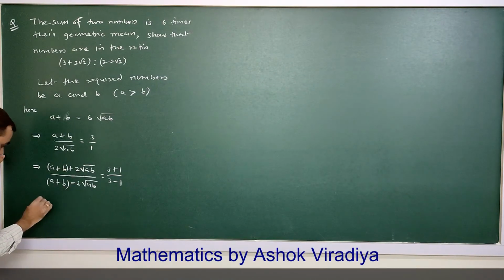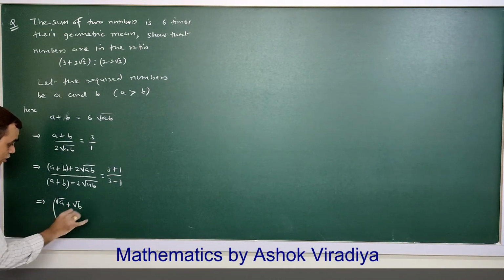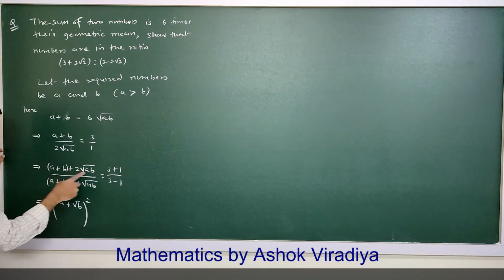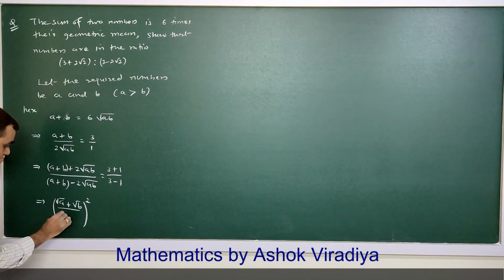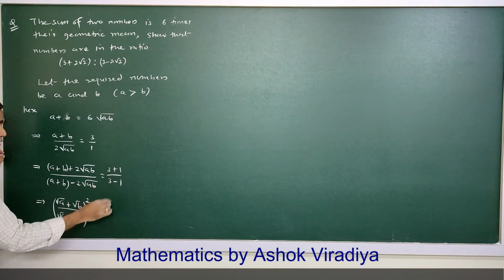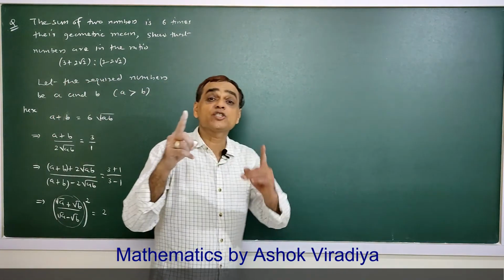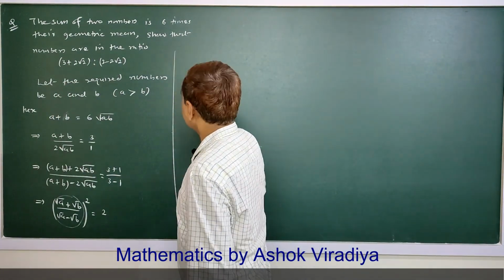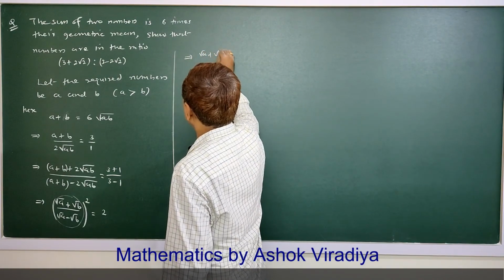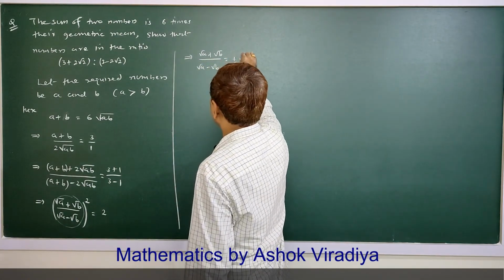So now what is it? The numerator is (root A plus root B) whole square, and this is (root A minus root B) whole square. It is equal to 4 by 2, that is 2. Now x square is 2. So x is plus minus root 2. Therefore (root A plus root B) upon (root A minus root B) is plus minus root 2.